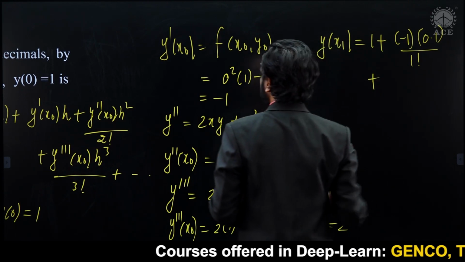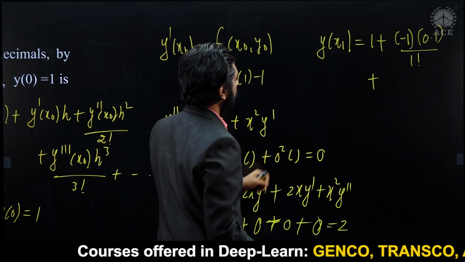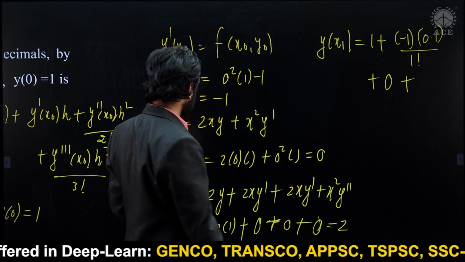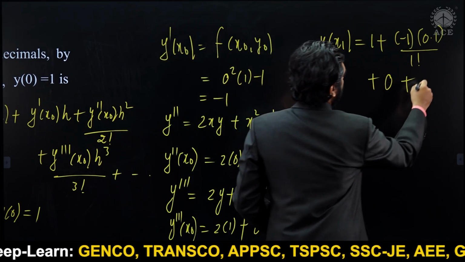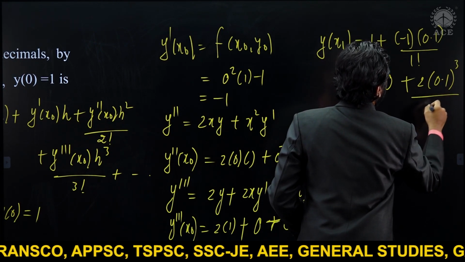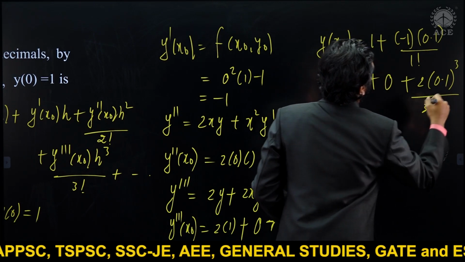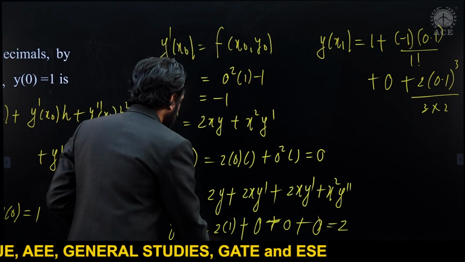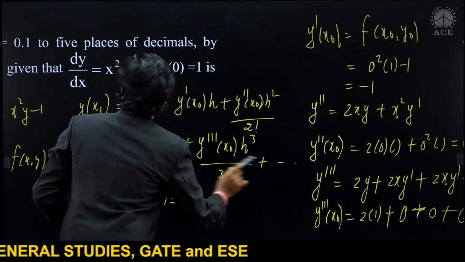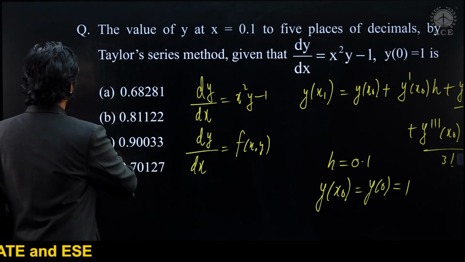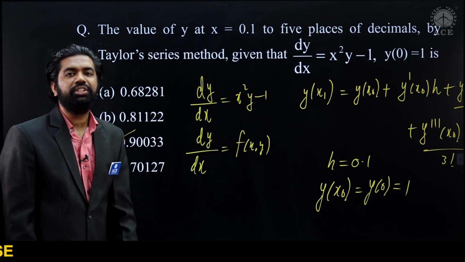Y double dash gave me 0, so no need to consider this. Plus y triple dash, which is 2, so 2 into 0.1 whole cube by 3 factorial, that is 3 into 2. If you simplify this, the answer turns out to be option C.